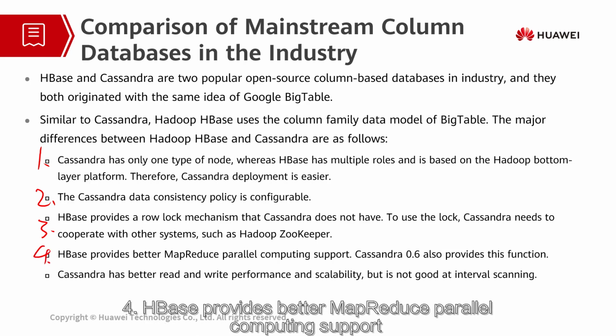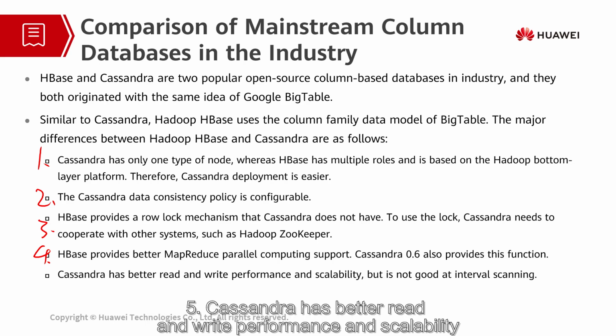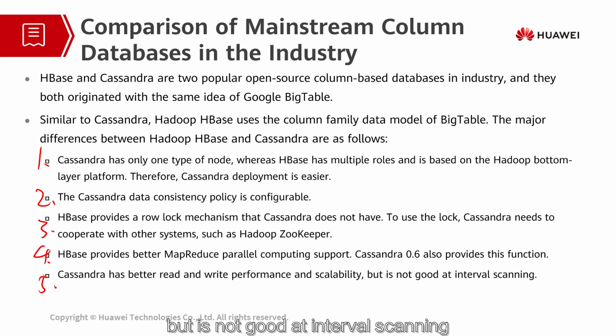Fourthly, HBase provides better MapReduce parallel computing support. Cassandra 0.6 also provides this function. Fifthly, Cassandra has better read and write performance and scalability, but is not good at interval scanning.